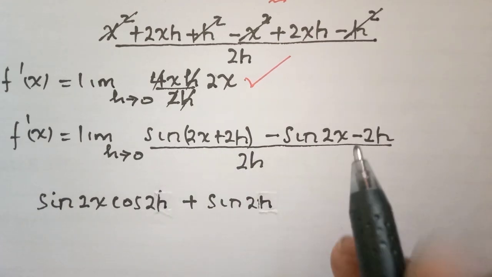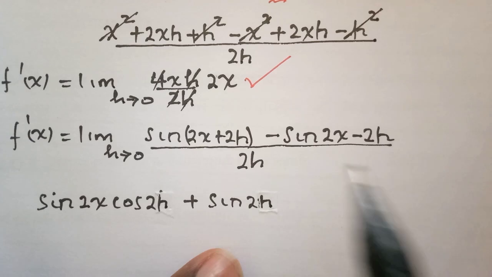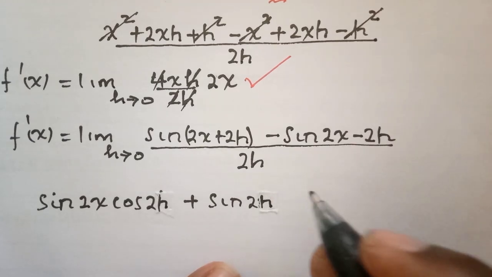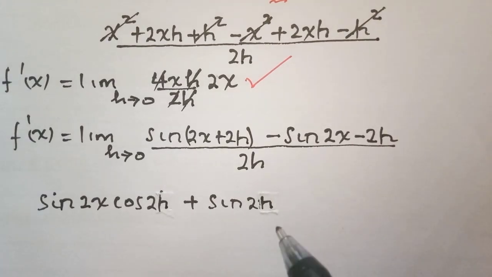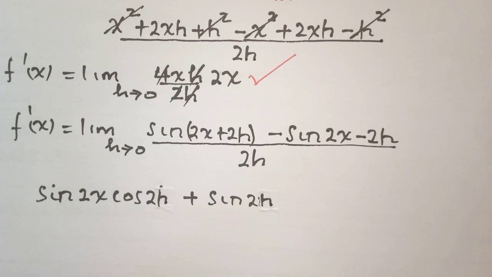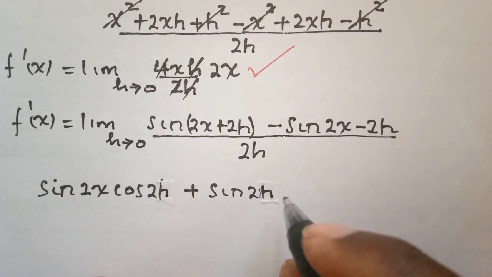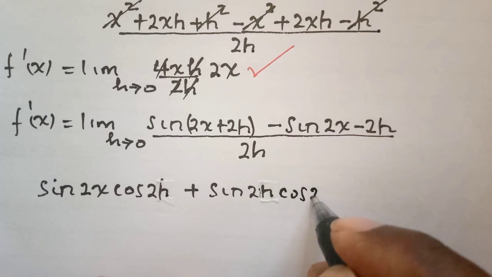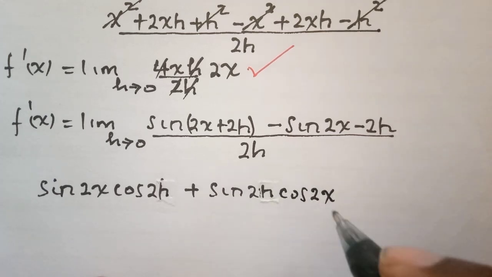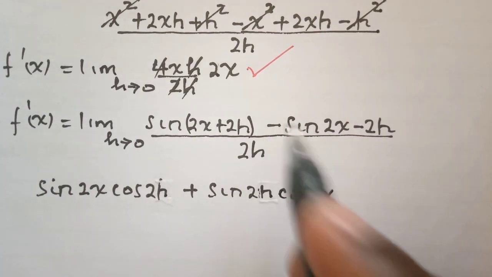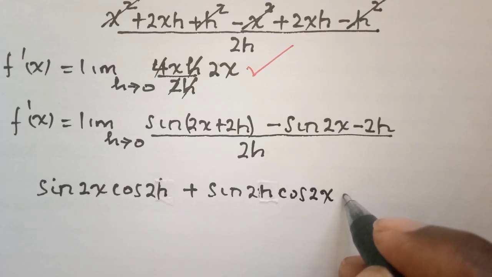So, guys, from there we have expanded this sine. Then we come to this. Of course, we have not even finished yet. So we are now going to write cos 2x, like that. Then now we come to this. This one will be minus.